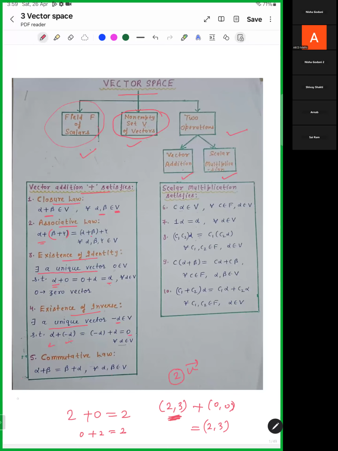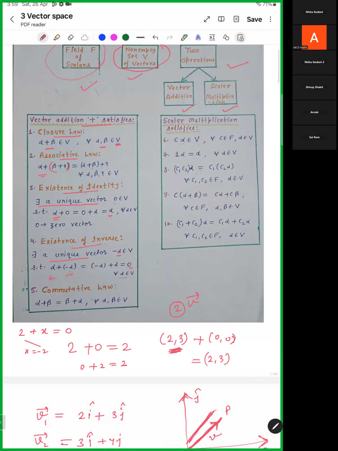For example, if you have 2 in real numbers, suppose this is number x, which number will you add to 2 that will give you 0? So you can say that x is minus 2. Yes, so minus 2 is the additive inverse of this 2, because when you add this 2 with this minus 2, it gives you 0.